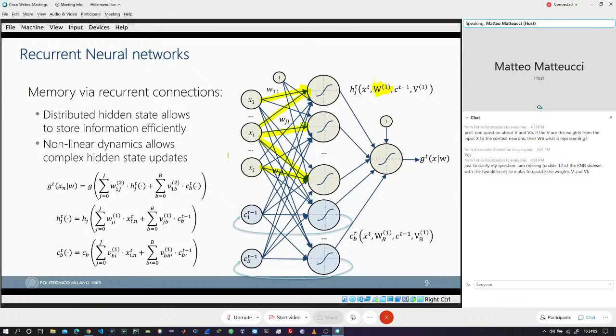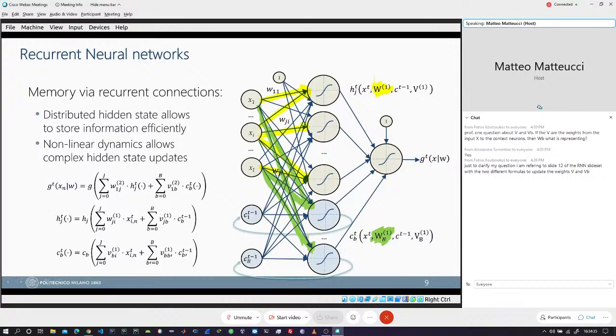Then the current input affects the memory, besides providing just a direct influence. So for instance, we have these weights here that I'm drawing in green. These weights are those that are dubbed as W here.